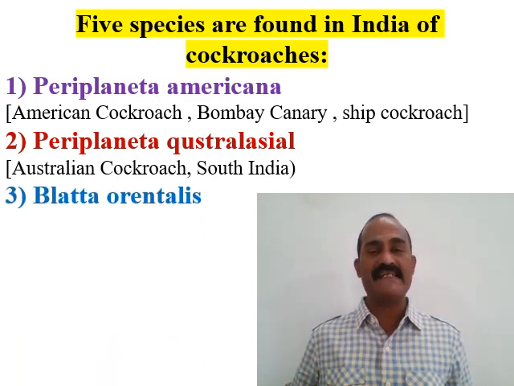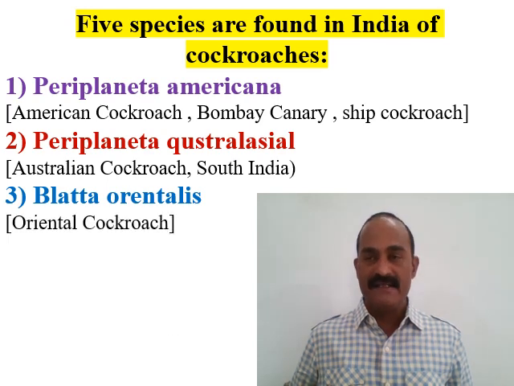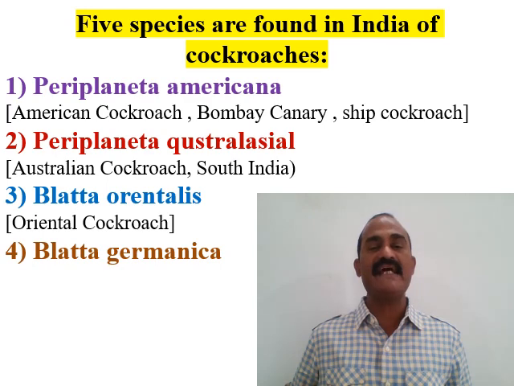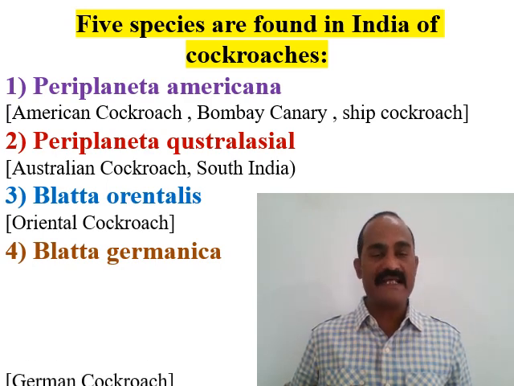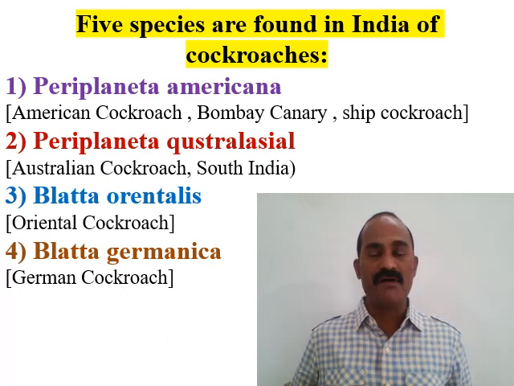The third species is Blatta orientalis. It is named according to its origin in the oriental region, and that's why it is called the oriental cockroach. The fourth one is called Blatta germanica. Now Blatta germanica, as the name indicates, is more commonly found in Germany, and that's why it is called the German cockroach.